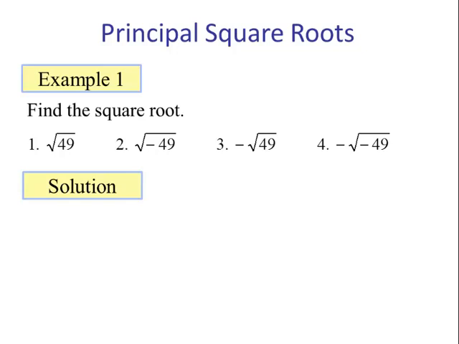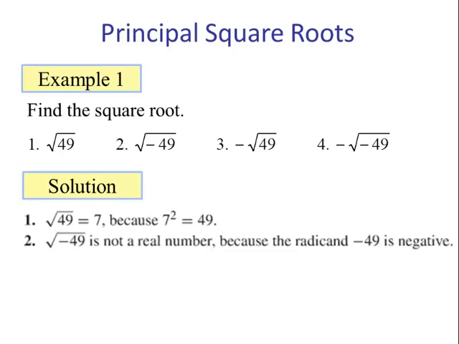Solution: square root of 49 is 7 because 7 squared is 49. Number 2, square root of -49 is not a real number because the radicand is -49. We cannot take the square root of a negative number.